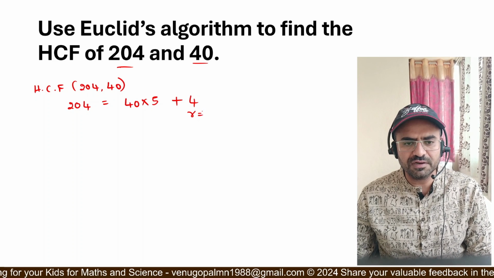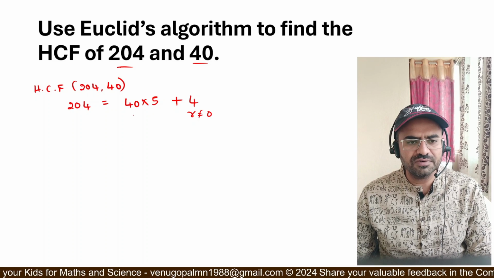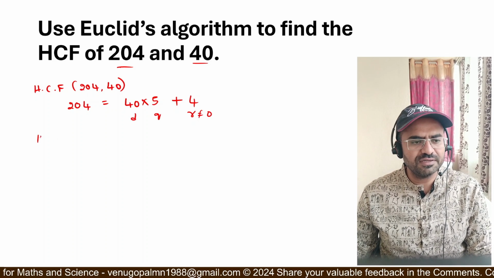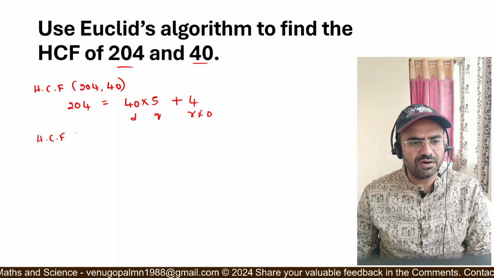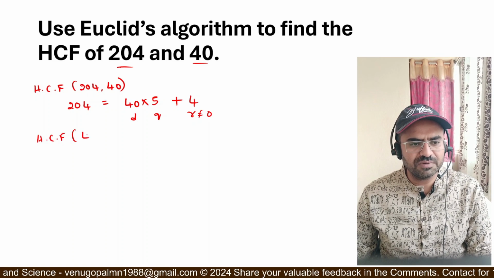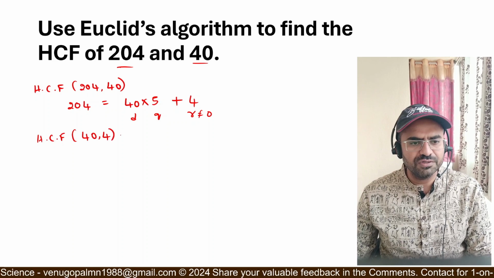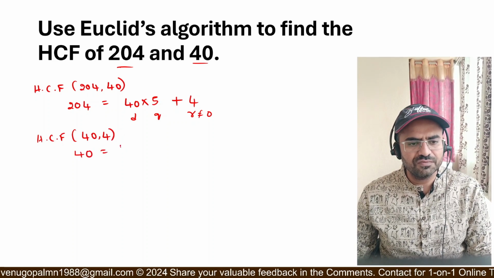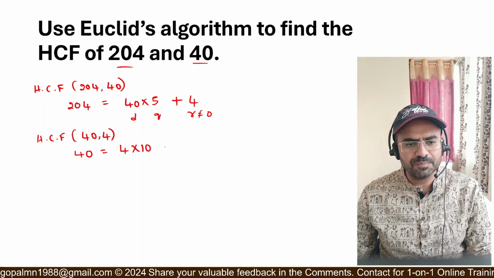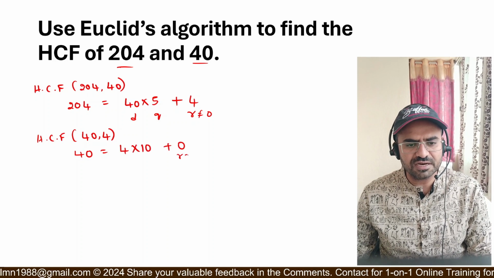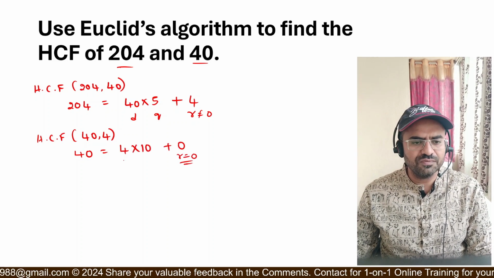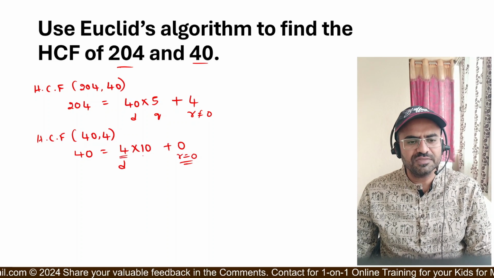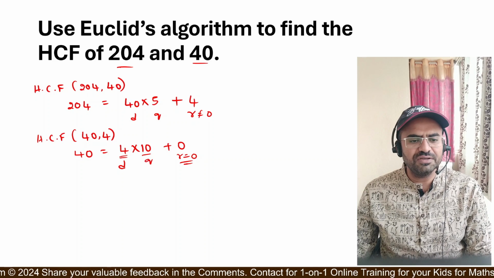This R is not equal to 0, and this is your divisor and this is your quotient, correct? Now again we write the HCF of 40 comma 4: 40 can be written as 4 into 10 plus 0. In this case R is equal to 0. Now we have to consider the value of D, as this is the quotient and this is your divisor, correct?